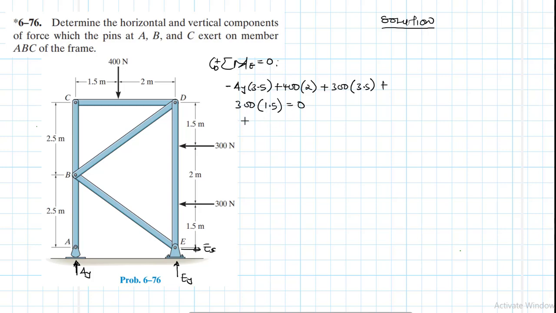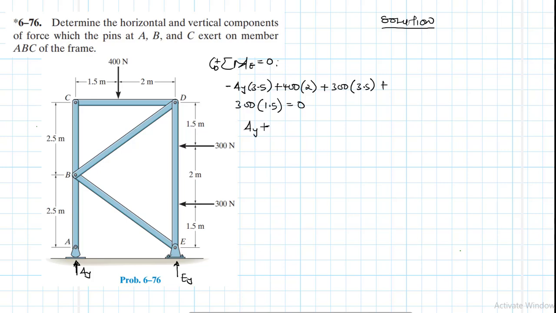AY is negative by 3.5, 400 is positive and clockwise, and 400 by 2, 300 by 3.5, and 300 by 1.5. I think we have everything. I guess I've not missed out anything.